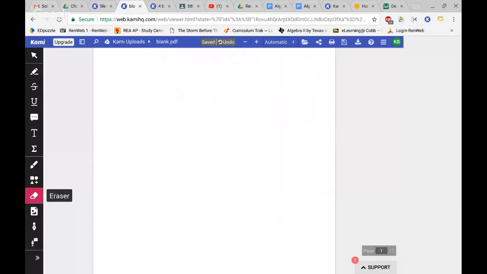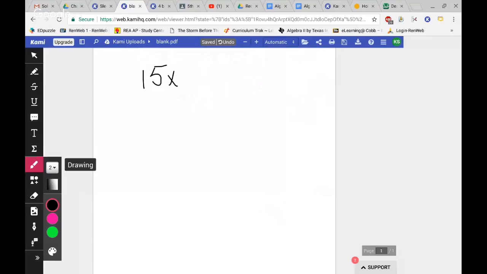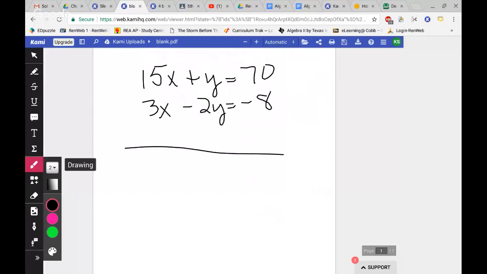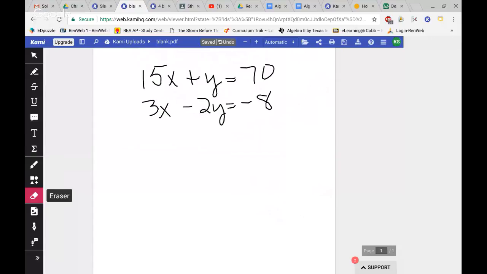All right, so this is 15x plus y equals 70. And then 3x minus 2y equals negative 8. All right. Which one would you do this time? I think the top one.